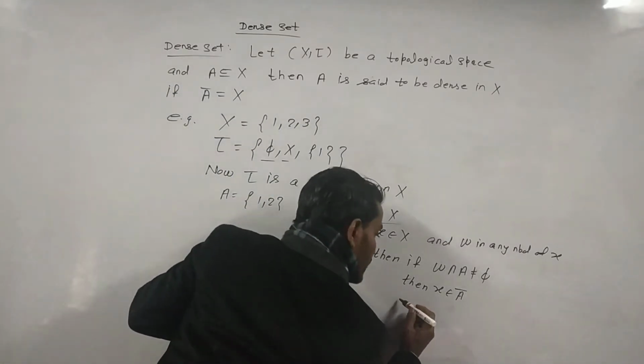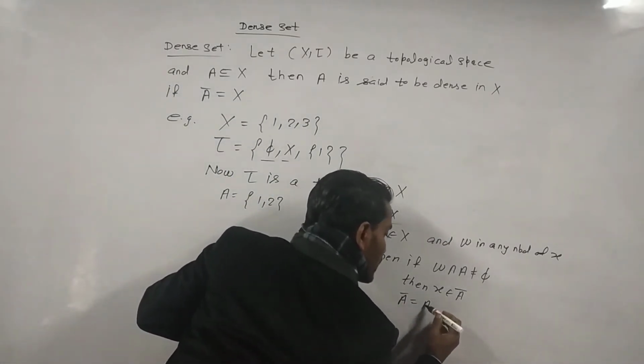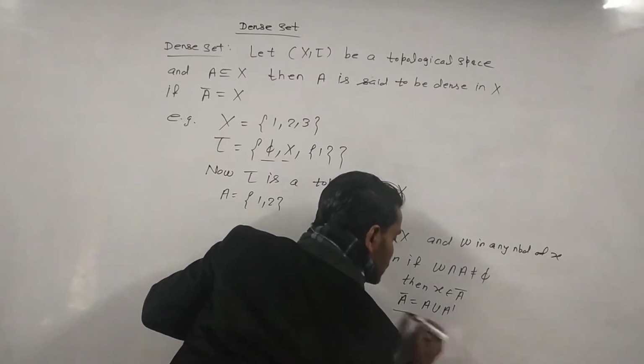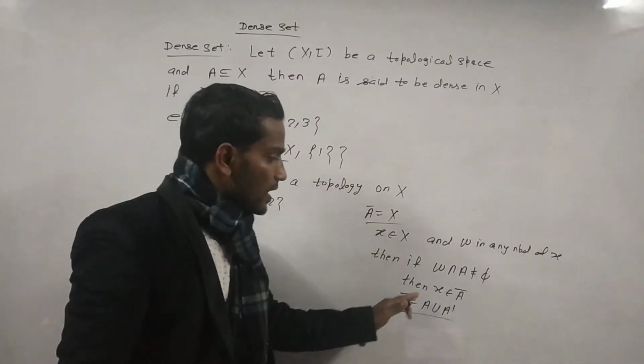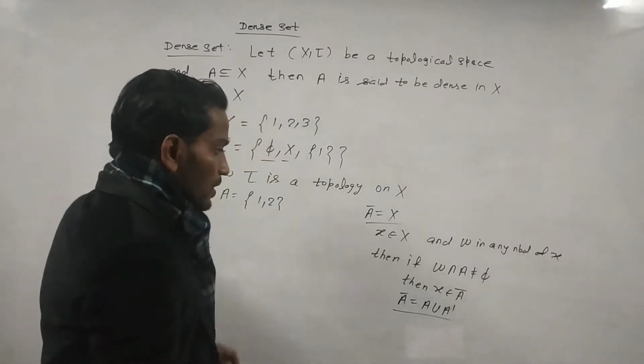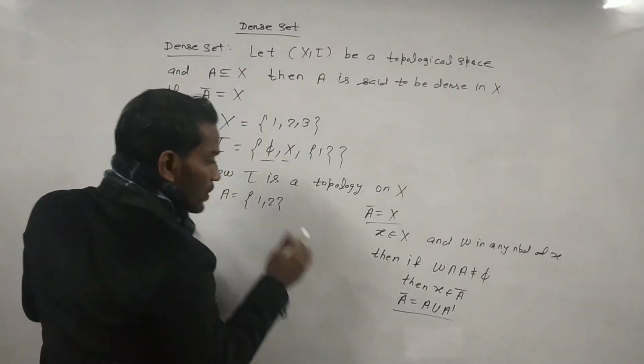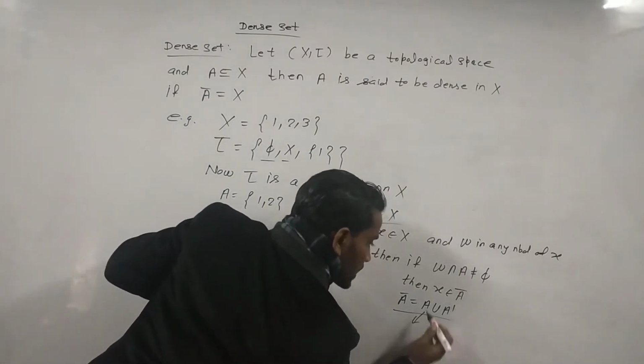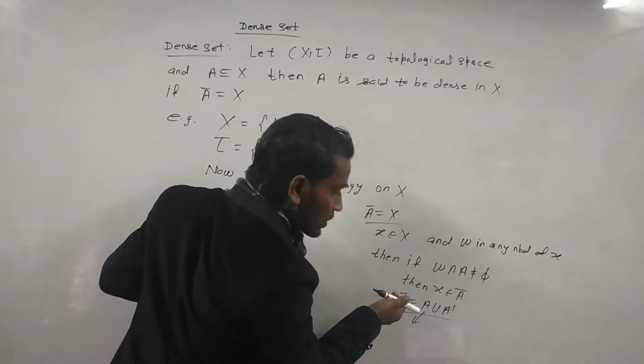As we know, A closure equals A union A derived set. If there is any element of set A, that will belong to A closure.